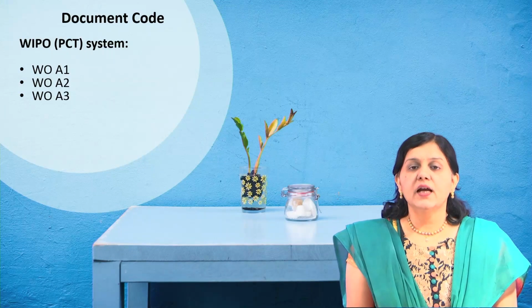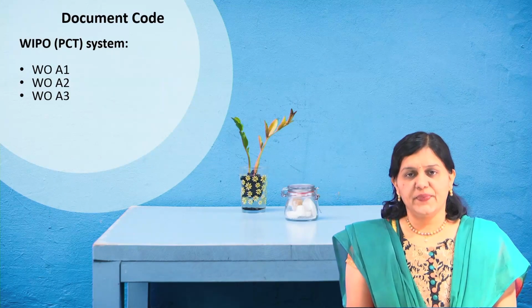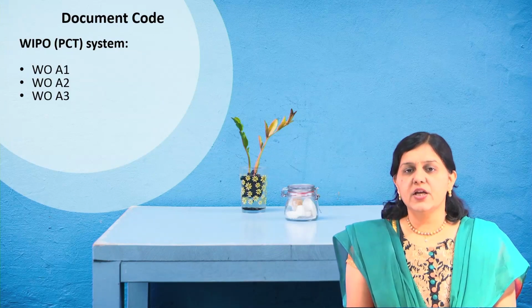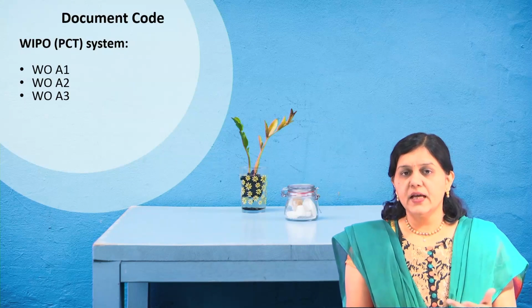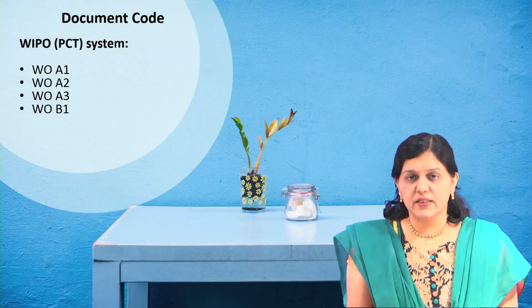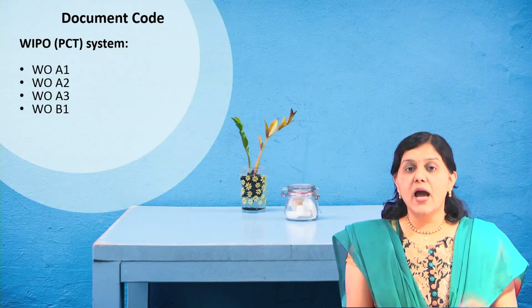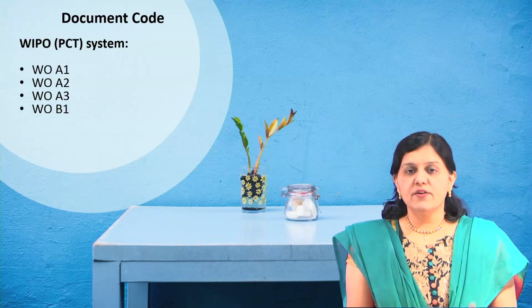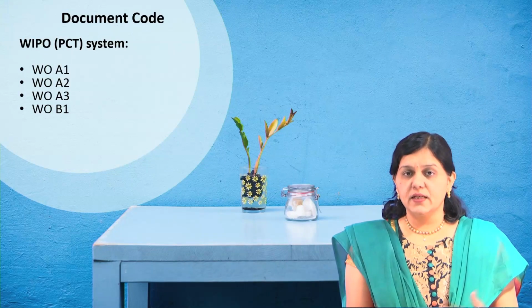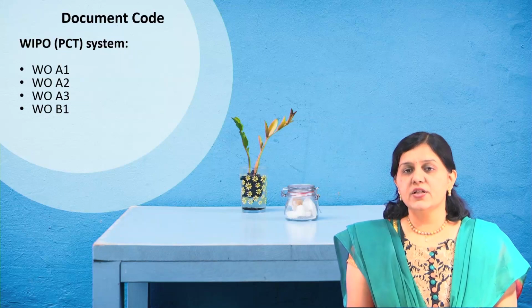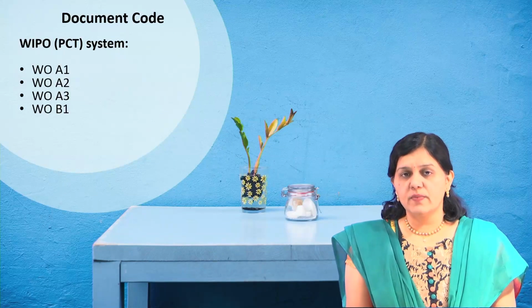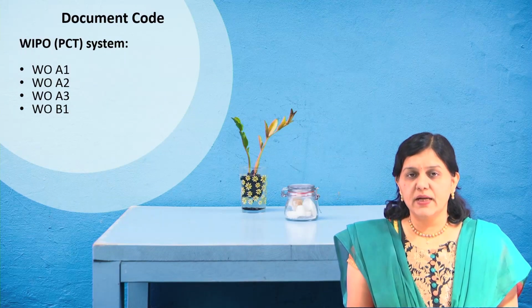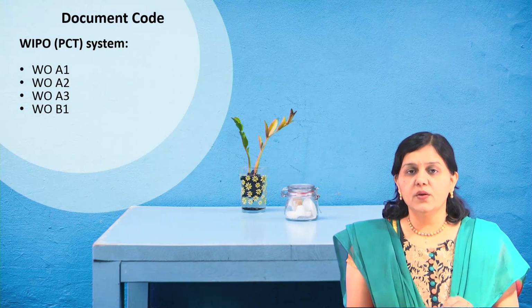The next, WOA3, is a subsequent publication of the international search report. Then WOB1 is publication of amended claims. So, if some amendment is done in the claims based on the international search report, that is included in this document, and that document will be labeled as WOB1.